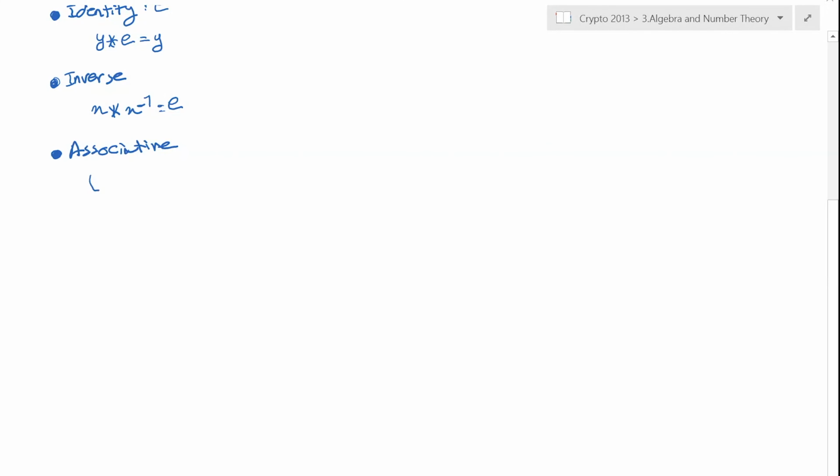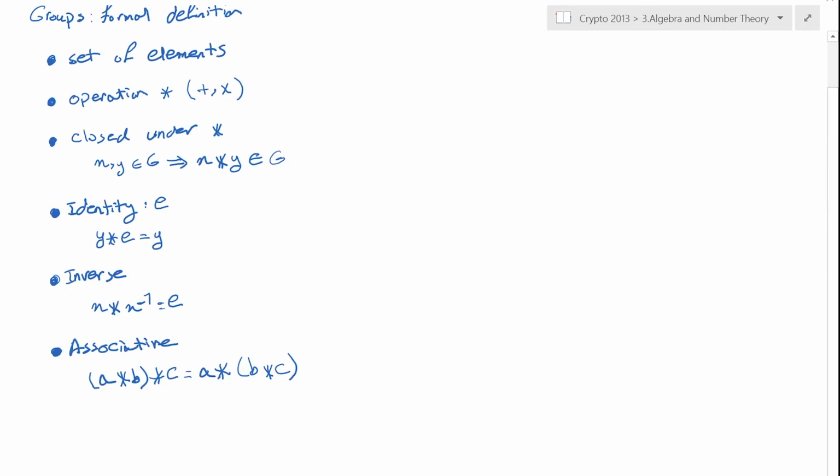We said that if you do A asterisk B asterisk C, it should be the same as A asterisk B asterisk C grouped differently, right? So the way that you group the operations shouldn't really affect the result.